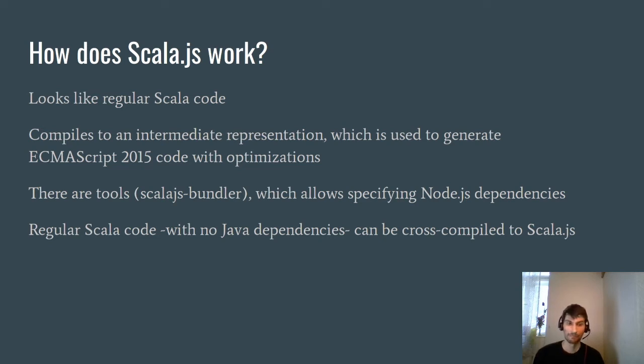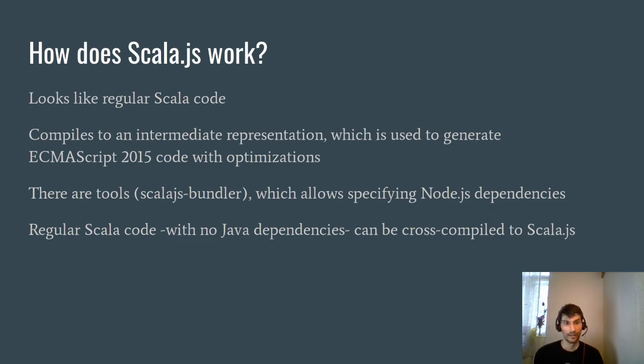There is a tool called scalajs-bundler, which allows grabbing the JavaScript dependencies from the npm package manager website, and you can depend on those locally. It will generate a bundled JS file based on those, and an optimized JS file based on the regular Scala files.